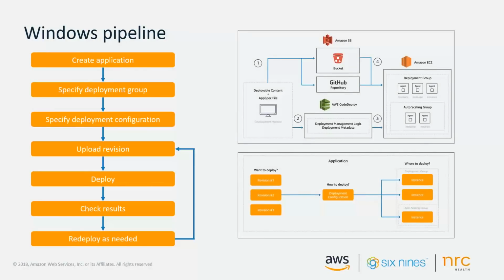This is an example of a Windows pipeline that could be implemented with customers. We have implemented this, and there's some overlap with what we'll be talking about today with NRC. What you can do here is, using something like CodeDeploy, create an artifact file that's in your build.